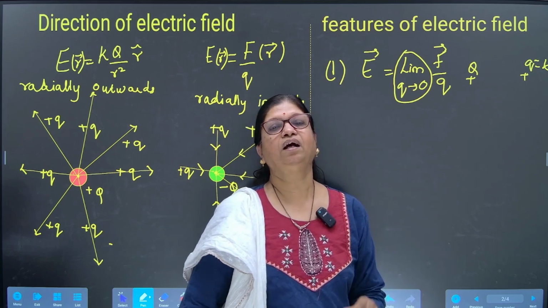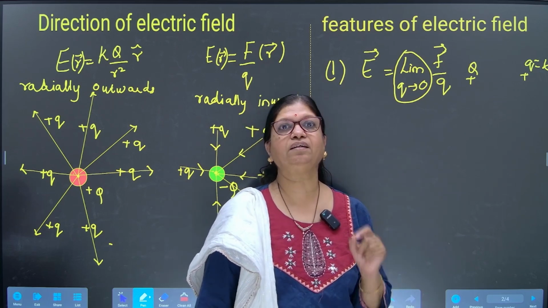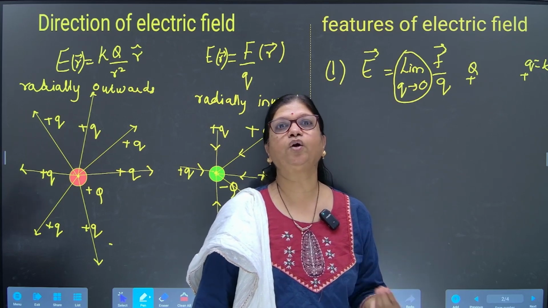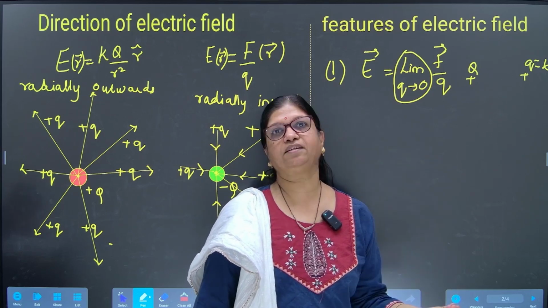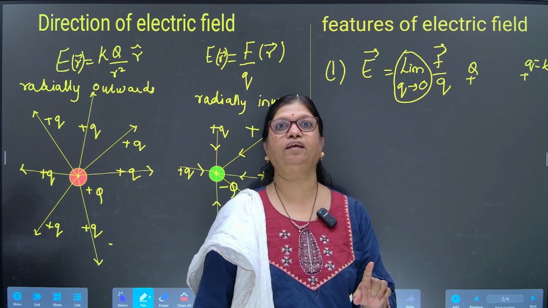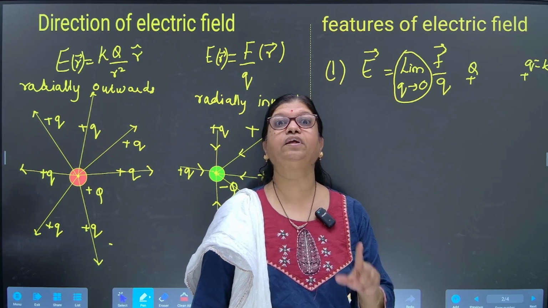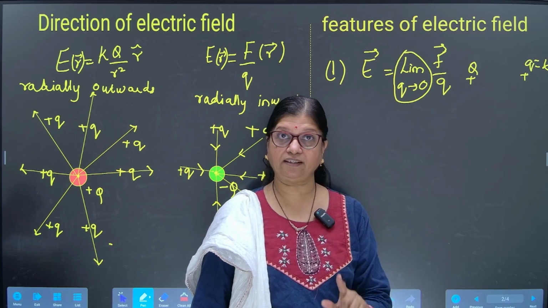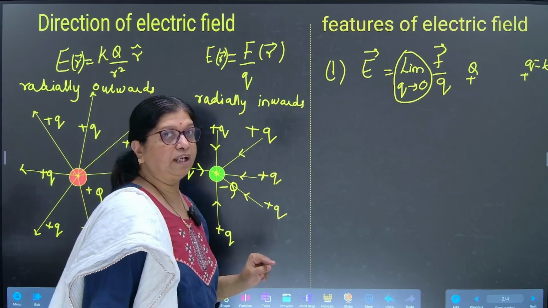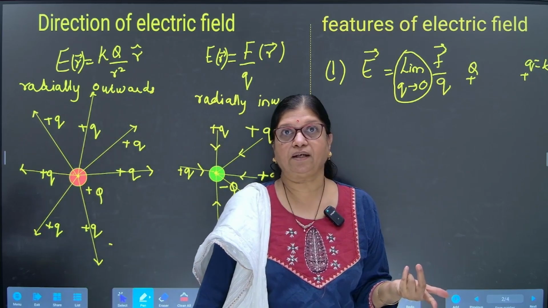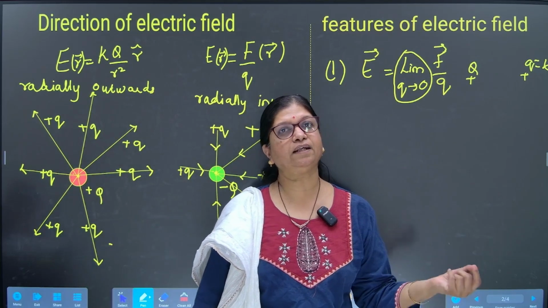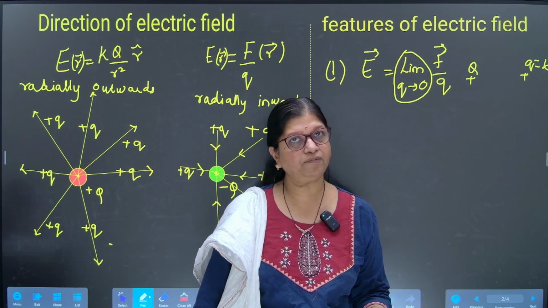It means because we have taken the test charge very small, it will not affect the electric field of the source charge, and we can calculate the electric field of the source charge because electric field is inversely proportional to R square. If at all we take a bigger test charge, then the electric field of the source charge will be affected.